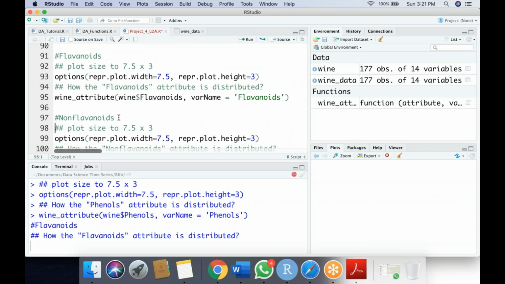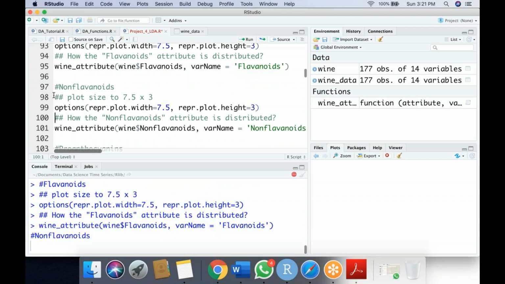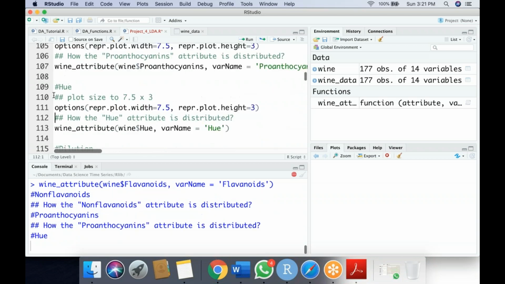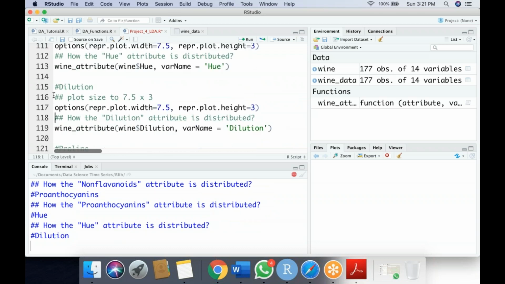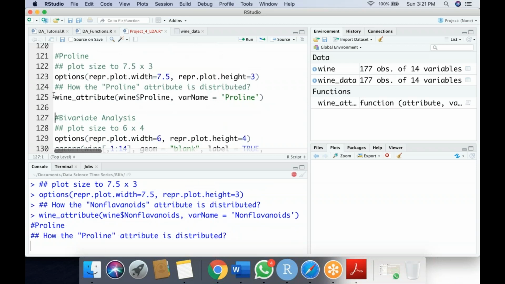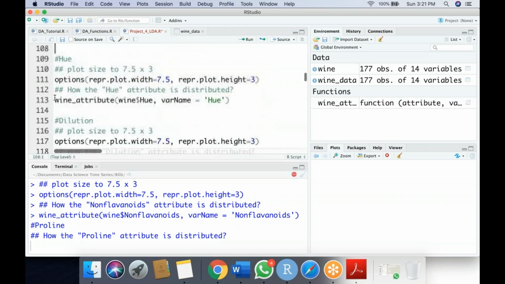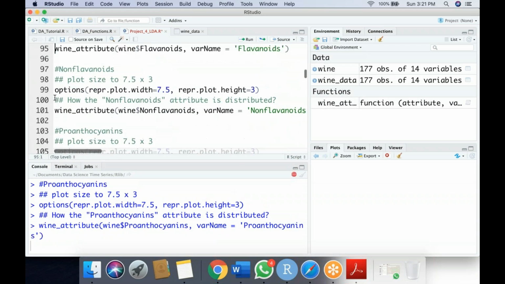Meanwhile, you can write them. It will take some time to run.